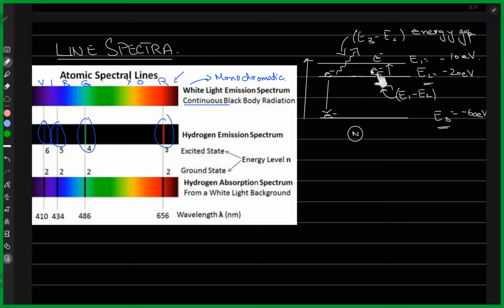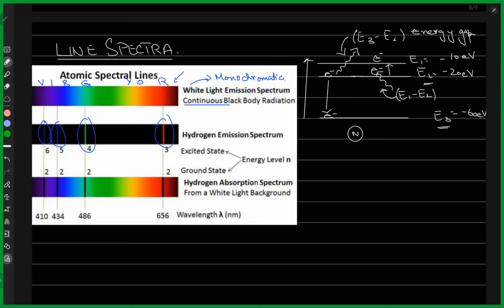Given that that beam has an energy that is equal to the difference between the two, the electron will jump up. But if your energy is not equal to the gap between these two, if it is less than that, then the electron will not jump, no matter for how long you shine that laser onto the electron. It is not going to make the jump because it is not getting enough energy to make that jump up, right?